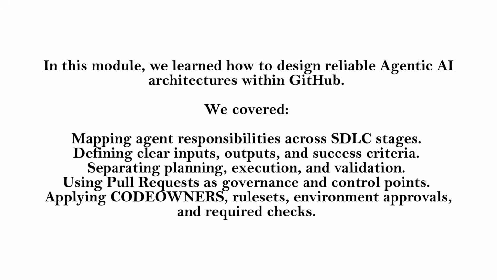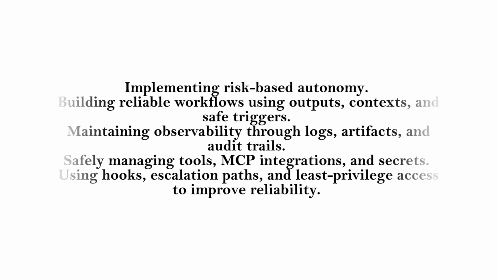We covered mapping agent responsibilities across SDLC stages, defining clear inputs, outputs, and success criteria, separating planning, execution, and validation, using pull requests as governance and control points, applying code owners, rule sets, environment approvals, and required checks, implementing risk-based autonomy, building reliable workflows using outputs, contexts, and safe triggers, maintaining observability through logs, artifacts, and audit trails, safely managing tools, MCP integrations, and secrets, and using hooks, escalation paths, and least privilege access to improve reliability.